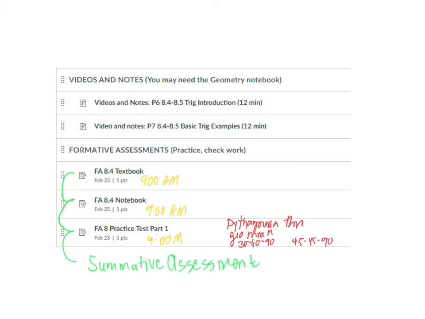So that is a review of that, and next week's summative assessment will be a comprehensive of those three skills here, in addition to the skills that we're working on with our trig functions in section 8.4.